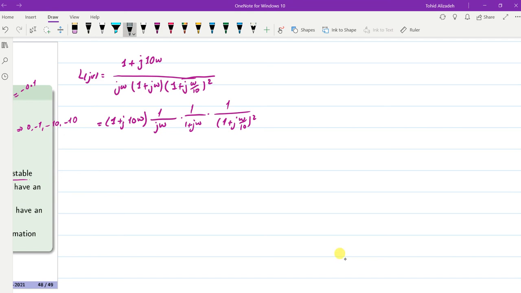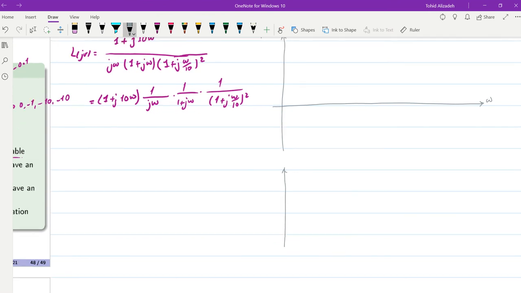Let's start to draw the Bode plot for this system. Here we will have the amplitude, and the phase.